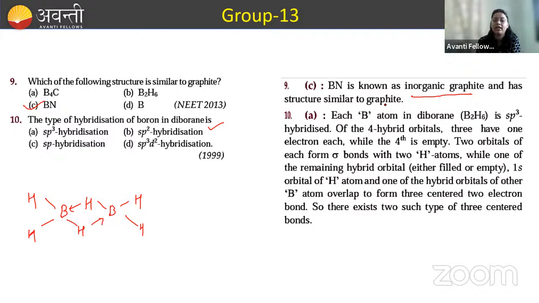Each boron atom in diborane is what? sp3 hybridized. Every boron atom is sp3 hybridized. There are two boron atoms, 1 and 2, so both are sp3 hybridized.